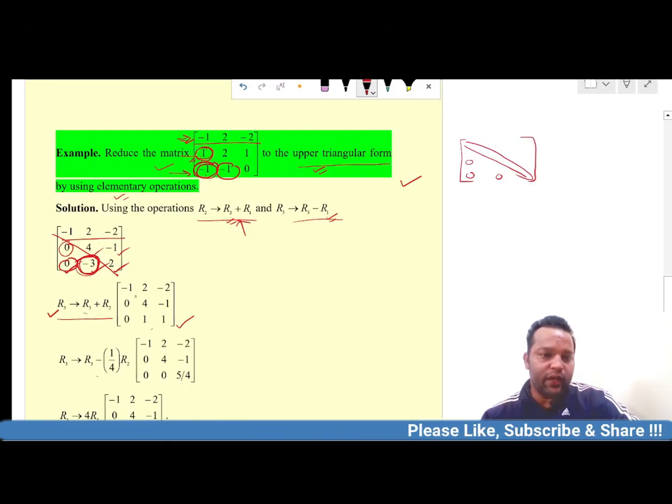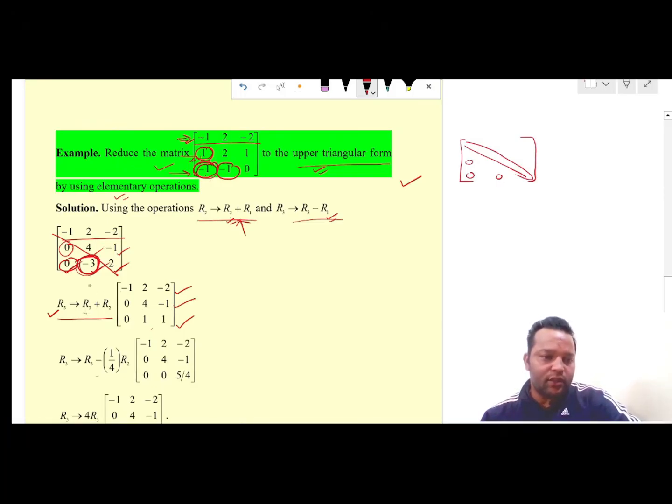That is, the first row -1 2 -1, second row 0 4 -1. In the third row we have applied R3 plus R2, so the entries become 0 plus 0, that is 0, -3 plus 4, that is 1, 2 minus 1, that is 1.